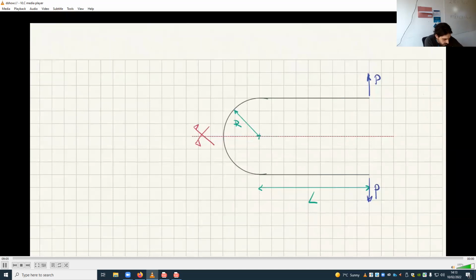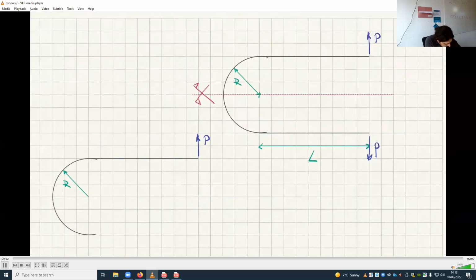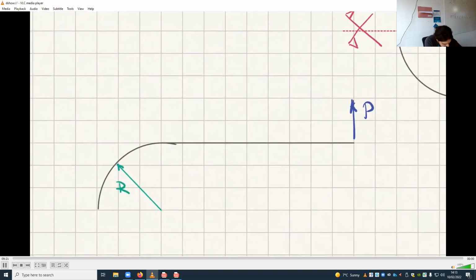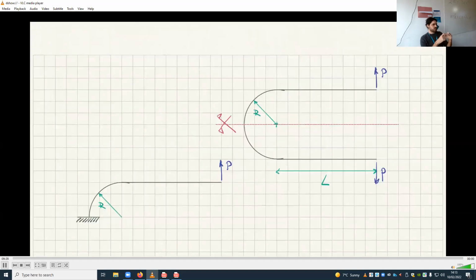Why not? So we'll get rid of this, and I'm studying just the top half. Of course, this will be a fixed support. Do you agree with me? Because that's a welding, as if these two halves were welded together, and the welding is like an internal fixed support.